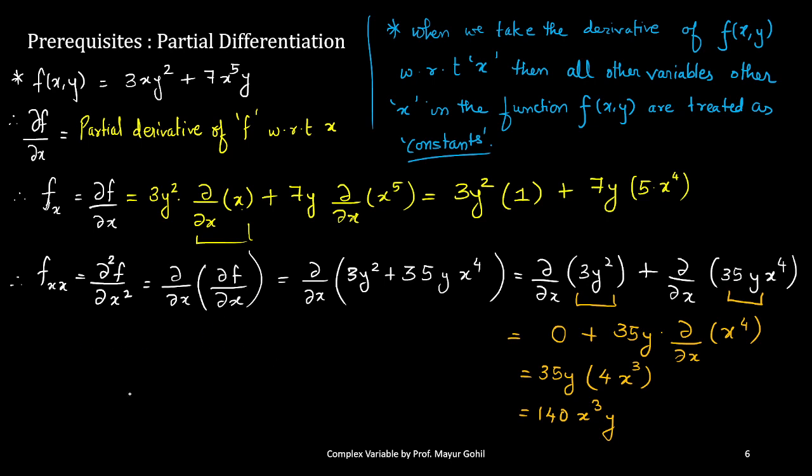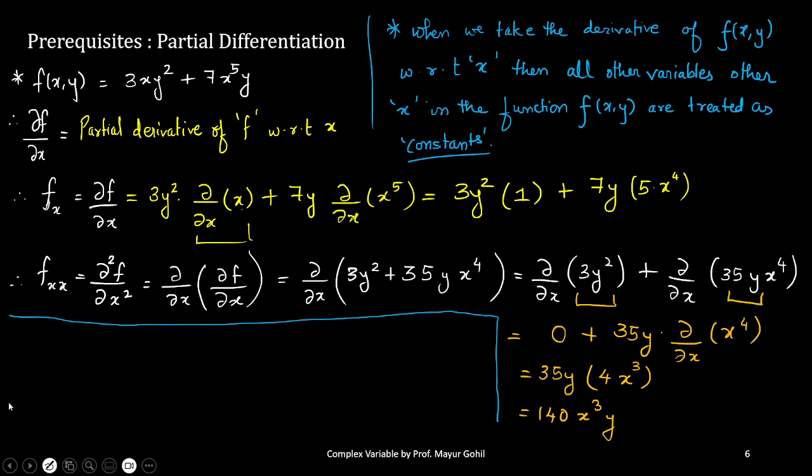Now let me show you how to calculate the derivative with respect to y also. I'll just put a partition here. Let's do that quickly. So we have a function, let's say f is the function. The same function we'll take, and we'll take the derivative with respect to y.